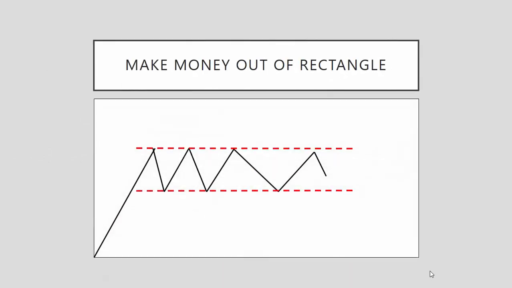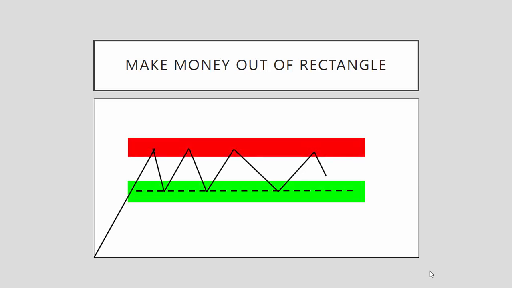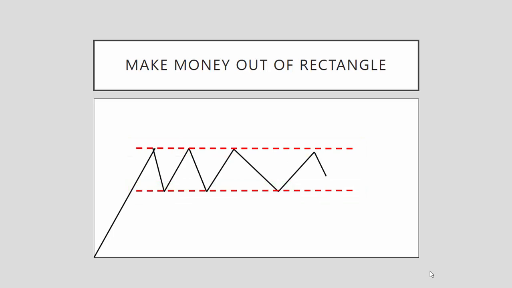There are two ways of making money out of rectangles. As you might guess, one of the ways is to buy at the bottom line and to sell at the top of the rectangle. If the rectangle is wide enough, this can make you some money. The second way of making money is just like using triangles.